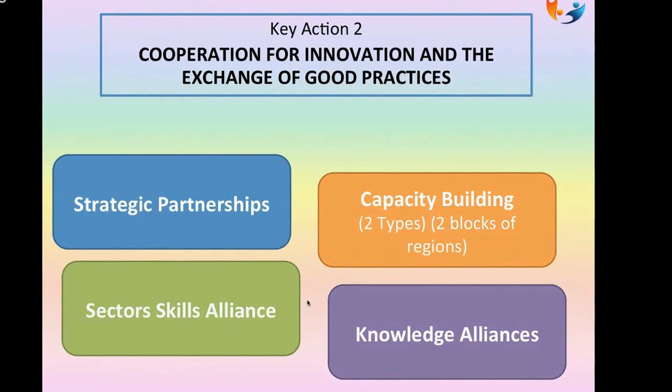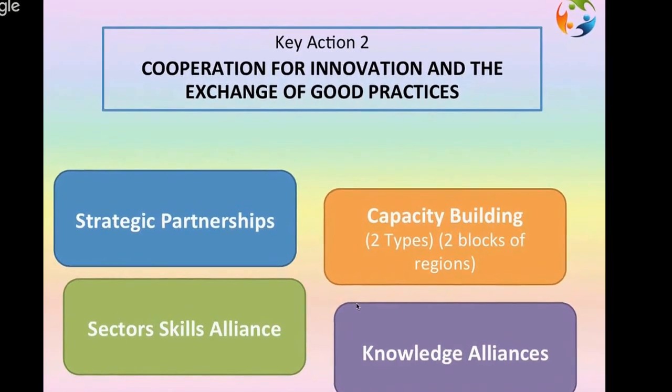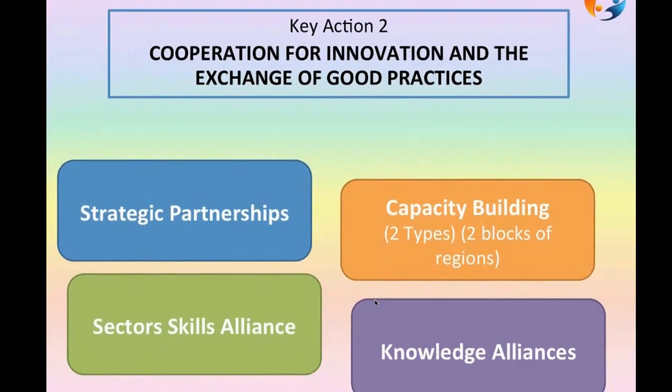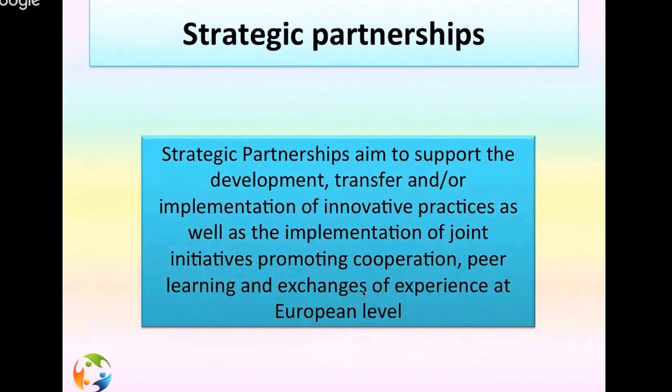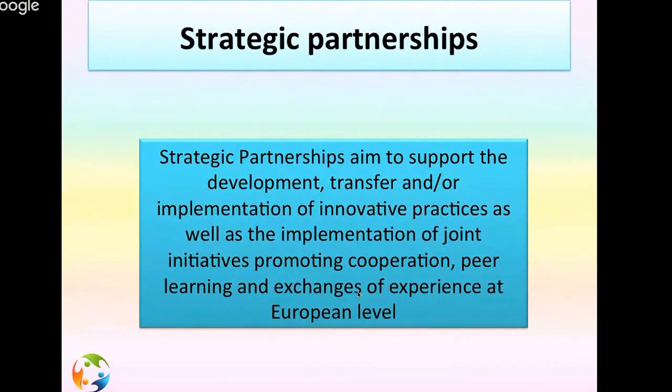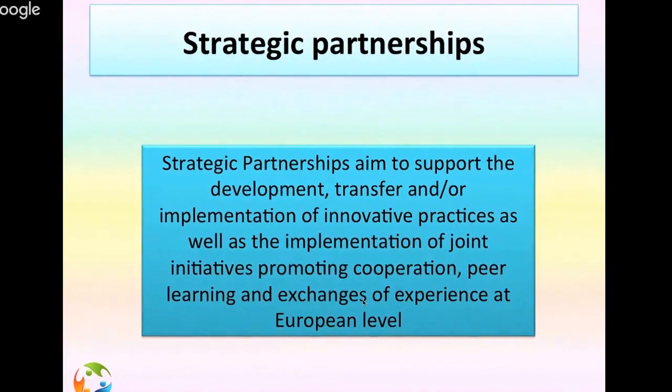Here we have the strategic partnerships, the capacity building activities, the sector skills alliances, and the knowledge alliances. For the strategic partnerships, as you may remember, they are aimed at supporting the development and implementation of innovative practices, and also supporting the creation of long-lasting partnerships in a specific sector of your interest.